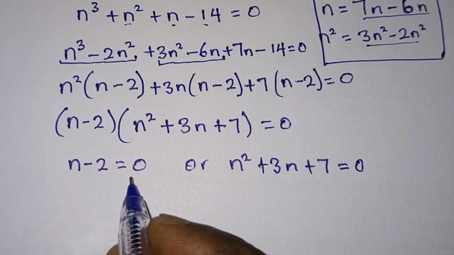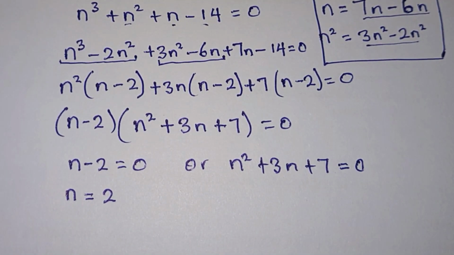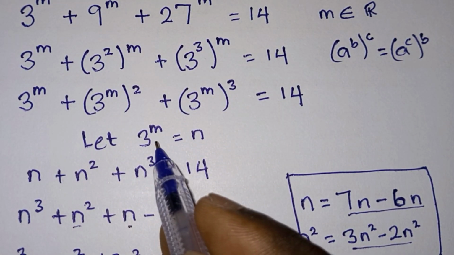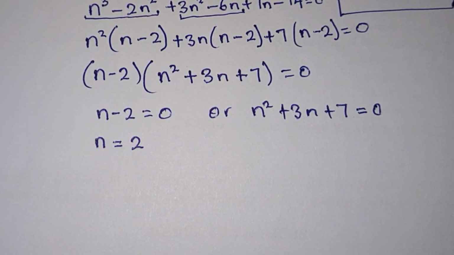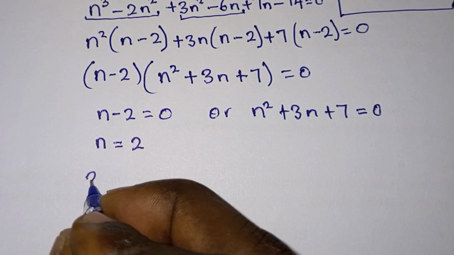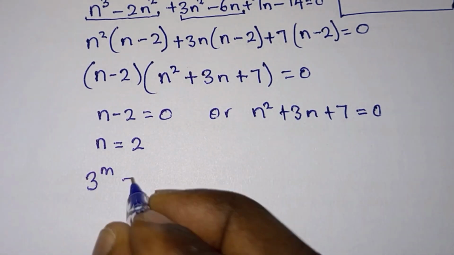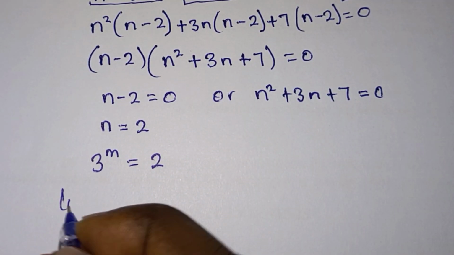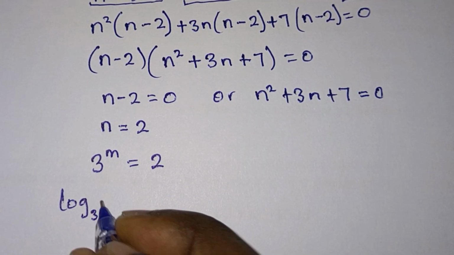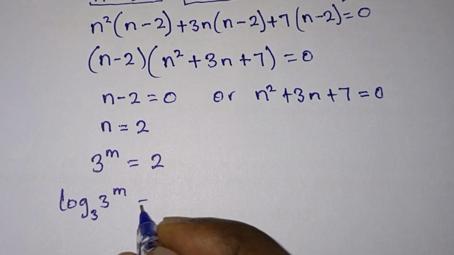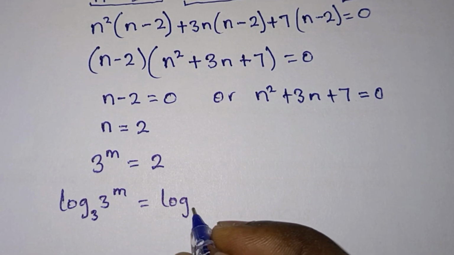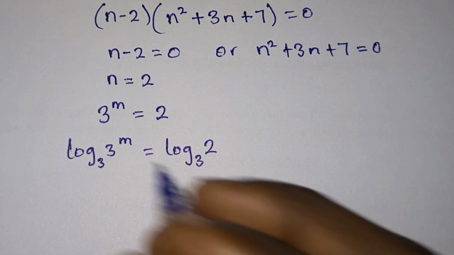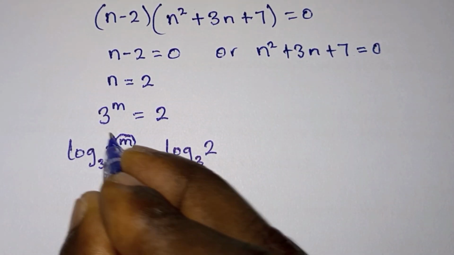Let's consider this equation first. n is equal to 2. But remember, initially we let n equal to 3 to the power m. So when n is 2, we're going to have 3 to the power m is equal to 2. We are looking for m, so let's introduce log in base 3 on each side of the equation. Now from the properties of log, the power now becomes the leading number.